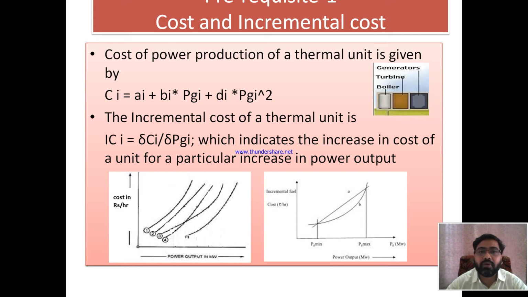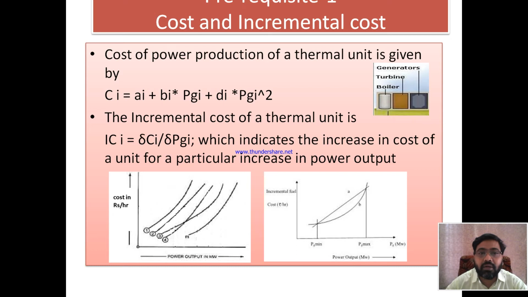So the cost of power production, which includes fuel cost, coal cost, running cost, and variable cost also, is given by Ci equals Ai plus Bi Pgi plus Di Pgi square, in rupees per hour. So the cost depends upon the power generation. There is a component Ai, which does not of course depend on power production. That is the minimum cost.